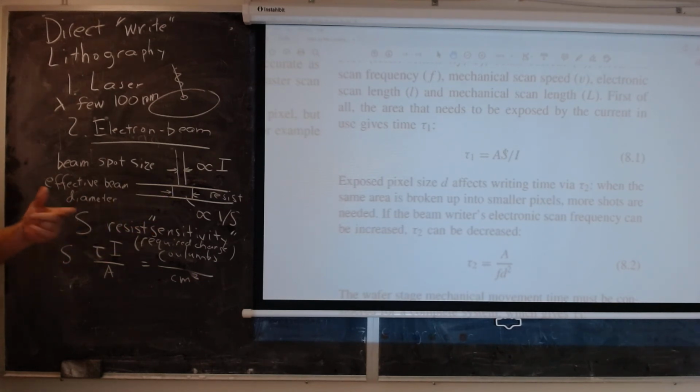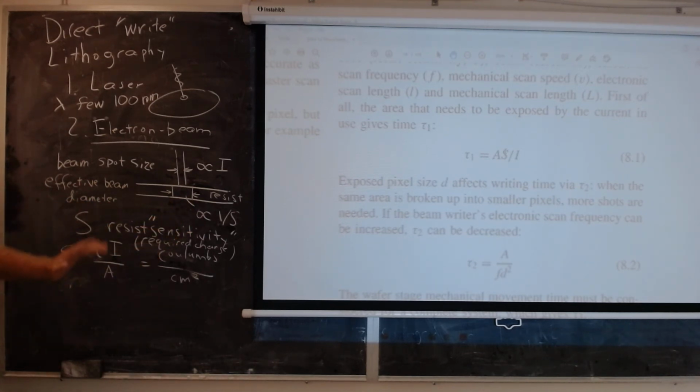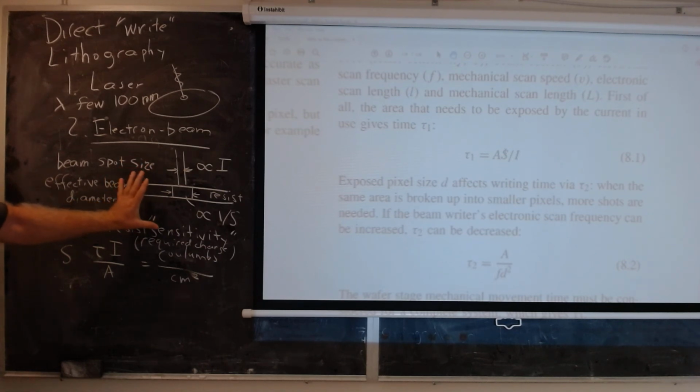As S goes bigger, it takes longer to do an exposure. A way to decrease the time is to make S smaller, but if you make S smaller, meaning it requires less charge, the effective line width goes up because it requires more thermalization of the electrons and spreads out. So this is what I want you to remember.